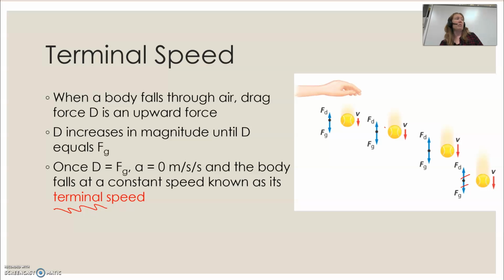It wouldn't make sense for the tennis ball in the midst of its falling to suddenly start to accelerate upward, like the drag force winning over gravity. That does happen if, for instance, a skydiver is falling right out of the plane.